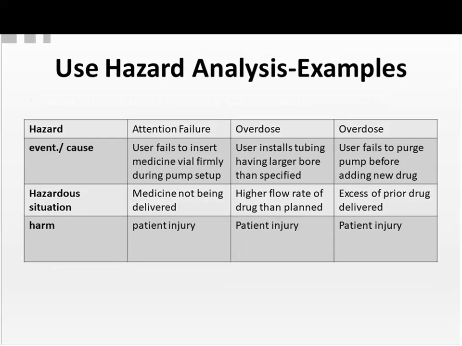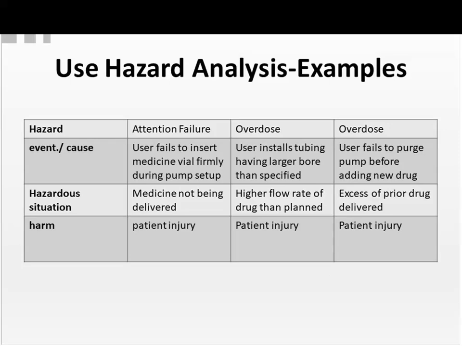Let's go through a couple of examples to illustrate the concept of hazard analysis. Our hazard by itself can't do any harm. It's an abstract hazard. An event causes a hazardous situation to occur, and the hazardous situation results in harm.